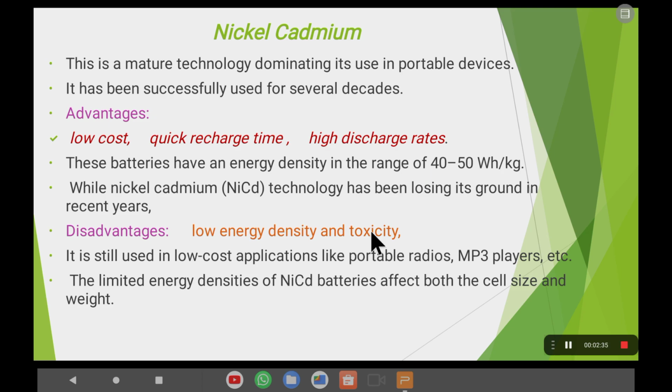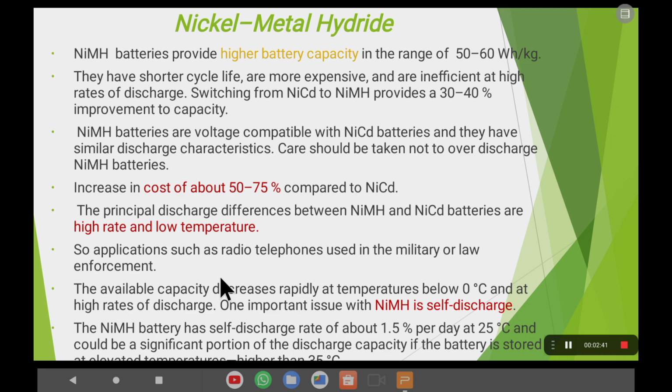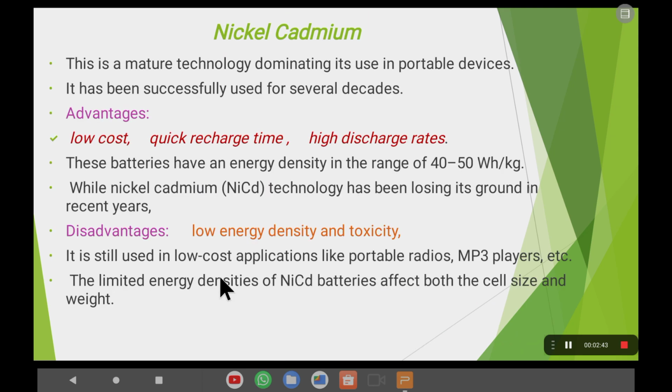The limited energy densities of nickel cadmium batteries affect both the cell size and weight. The battery is one of the most important parameters that decides the size of the device as well as its performance. If the battery size is very small, the device can be fabricated very small, which is an attractive feature from the customer's point of view.